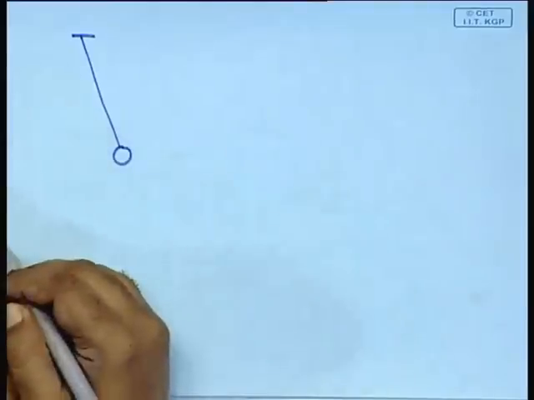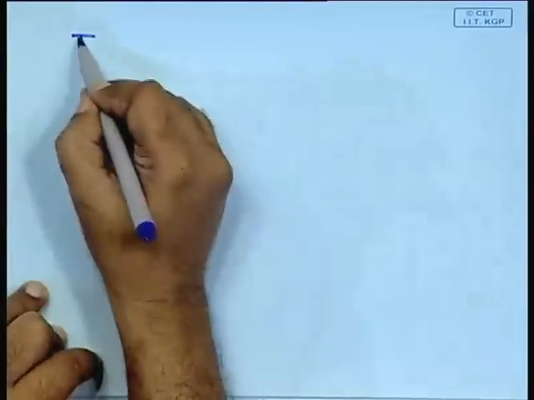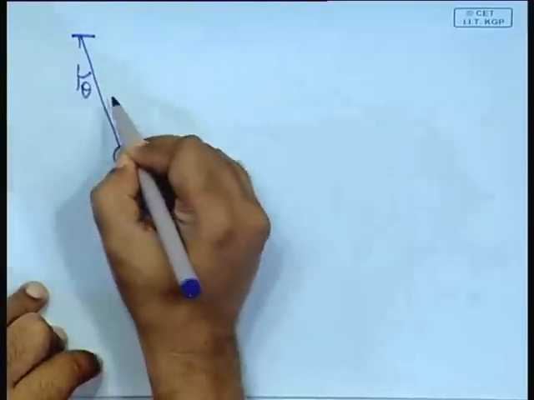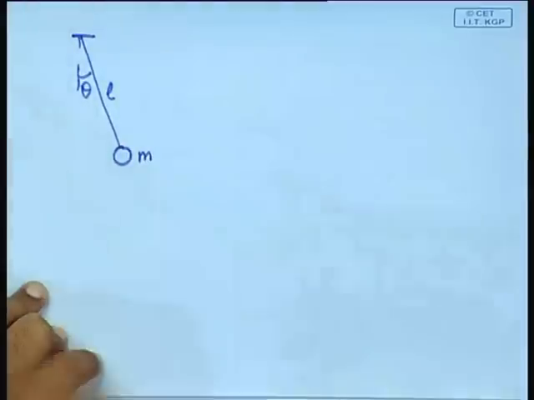Let us do this. Since you have done the Lagrangian method quite some time back and may have forgotten, let us go back to the Lagrangian method and do it. So, you have a simple pendulum, the one Galileo saw. It has an angle theta, length L, mass m.